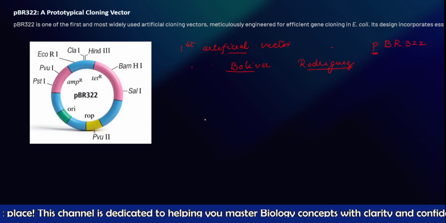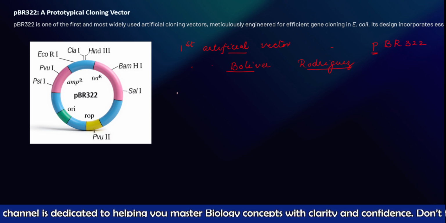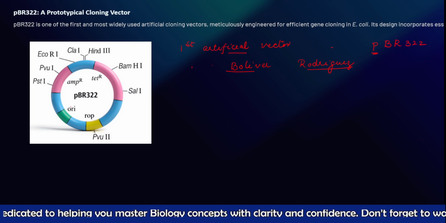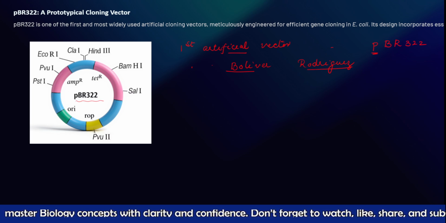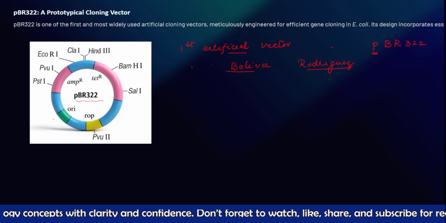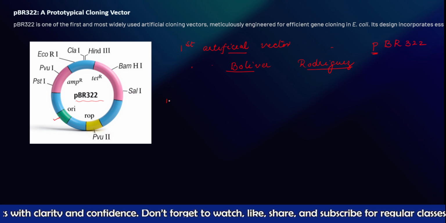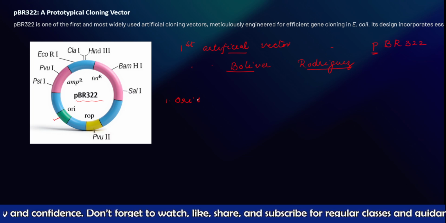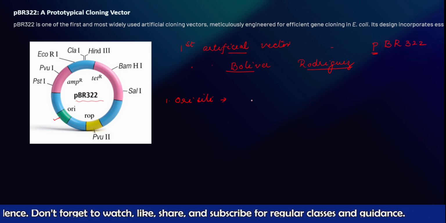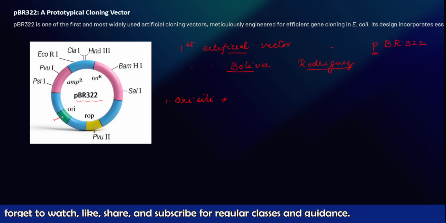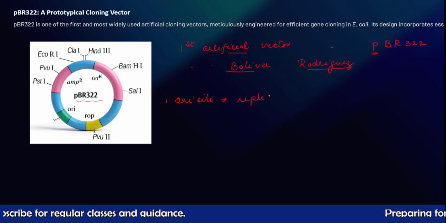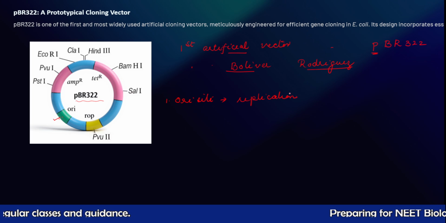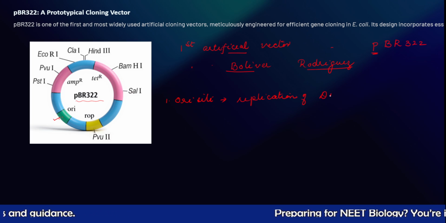P is for plasmid. This vector is a plasmid. Just observe the diagram of pBR322. What all is there? You can see there is an ori site, right? The ori site, or origin of replication, is the specific sequence of the plasmid at which replication of DNA starts.